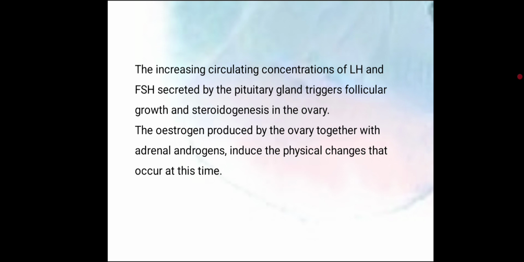These hormones trigger follicular growth, folliculogenesis, and steroidogenesis in the ovary. Steroidogenesis, or sex hormone release from the ovary in the form of estrogen and progesterone, is responsible for the physical changes that occur at that time. Also, adrenal androgens contribute to these changes at puberty.